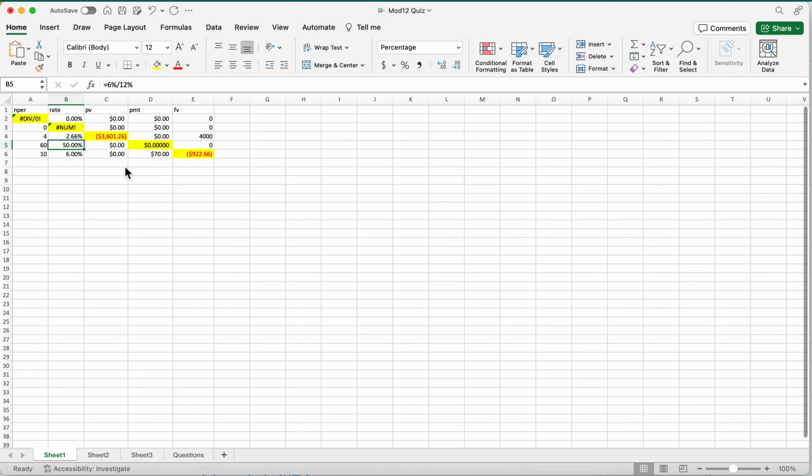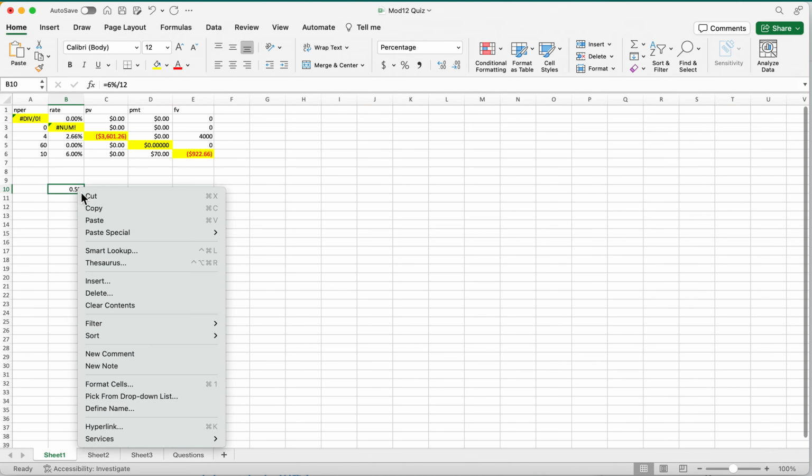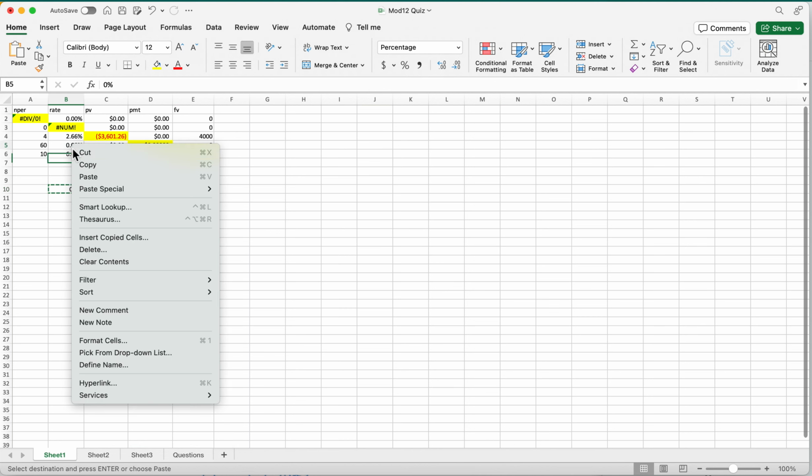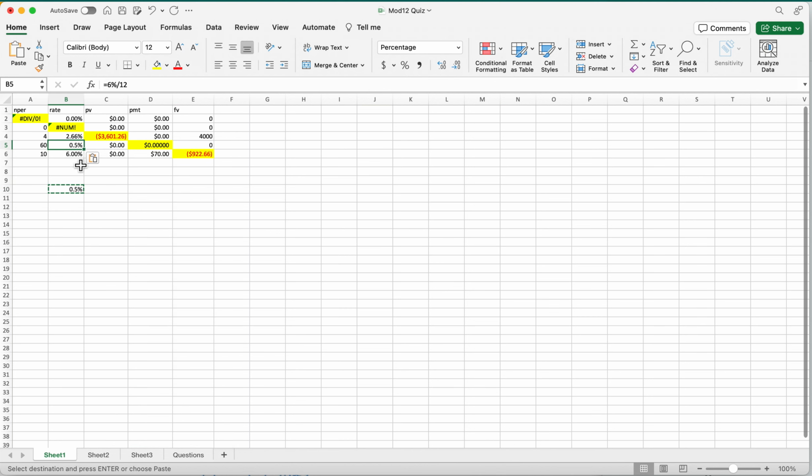So if you want, you could do 6% divided by 12, and so that's 0.005. If you want to put that in percent, you just click this percent form. You can copy and paste if you wanted to, but the main thing that you need to make sure is that this is 0.5% there.